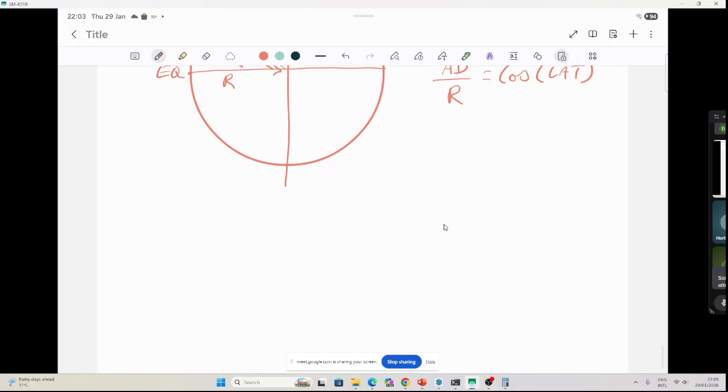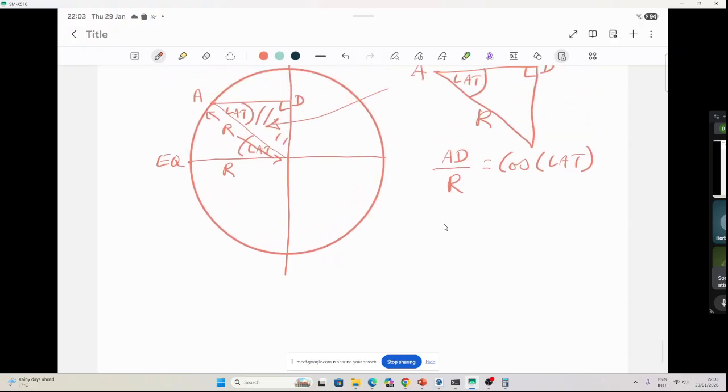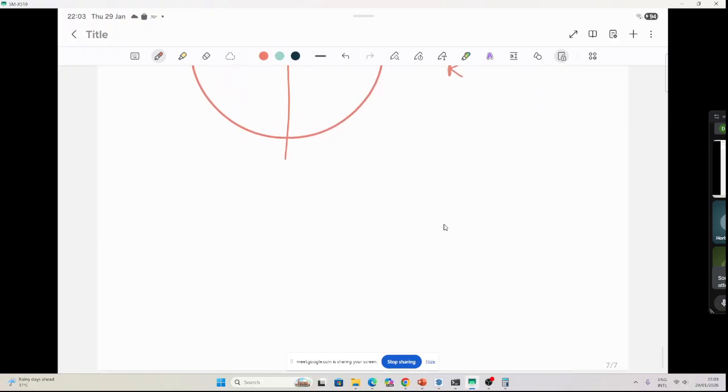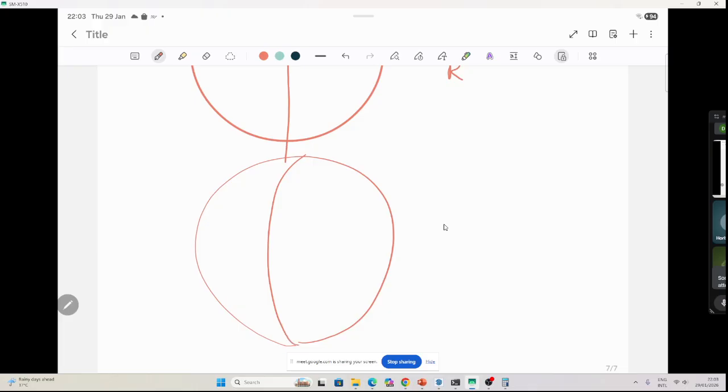Okay, so AD divided by R is cos lat, right? And if I draw the other circle here, පොඩ්ඩක් මෙතන දෙන්නම්, wait.